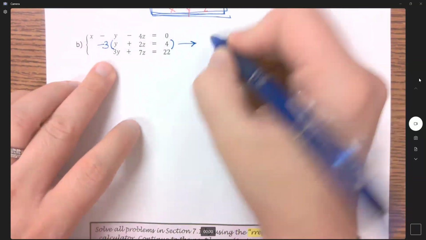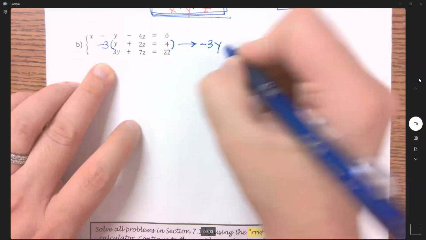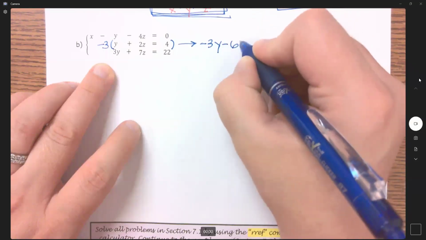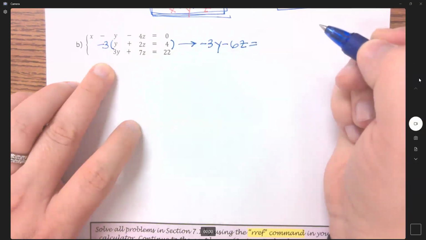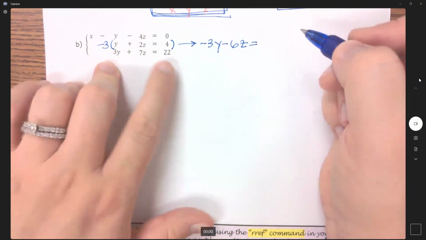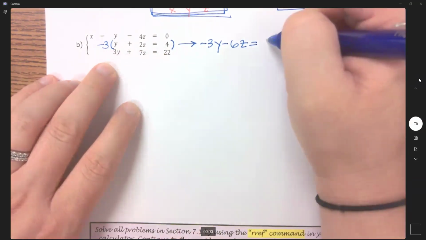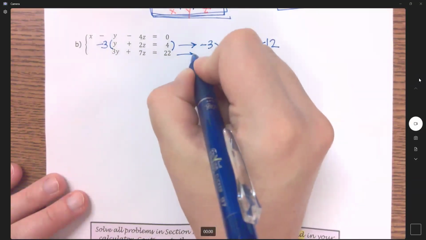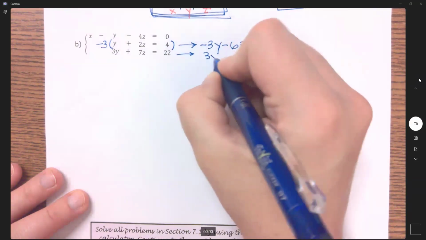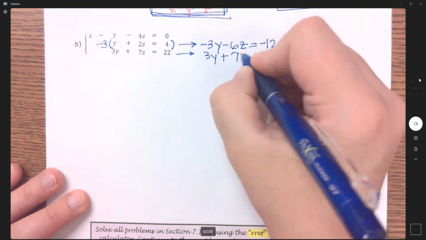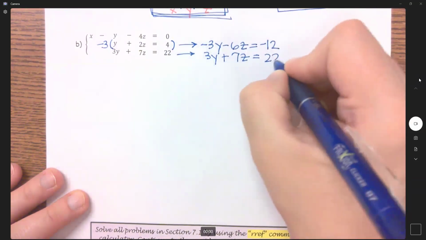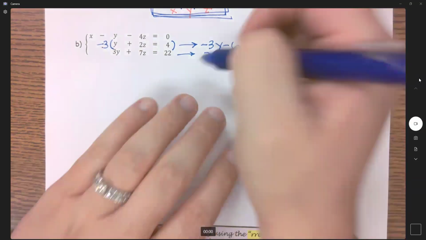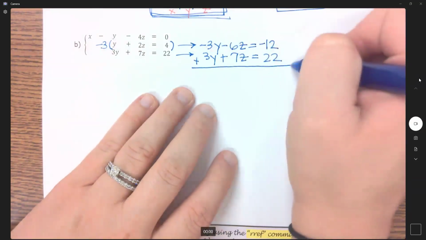And so now this equation becomes -3y minus 6z equals what? Don't forget to multiply that 4. So equals -12. And then I need my equations here to stack. So I'm just going to rewrite this one. And now elimination is also called the addition method.